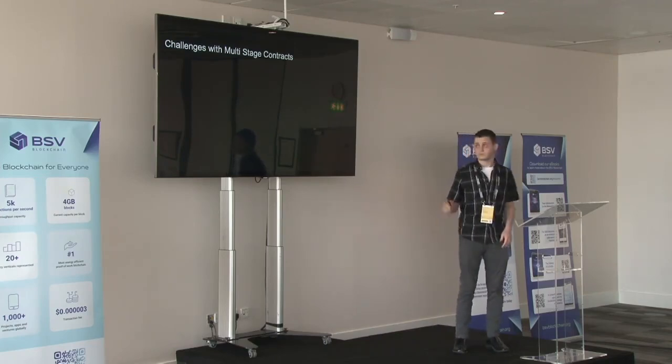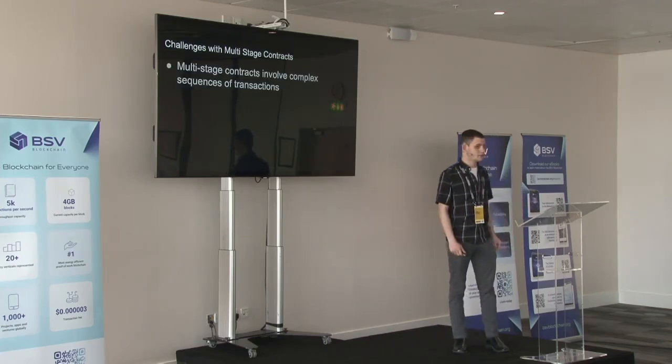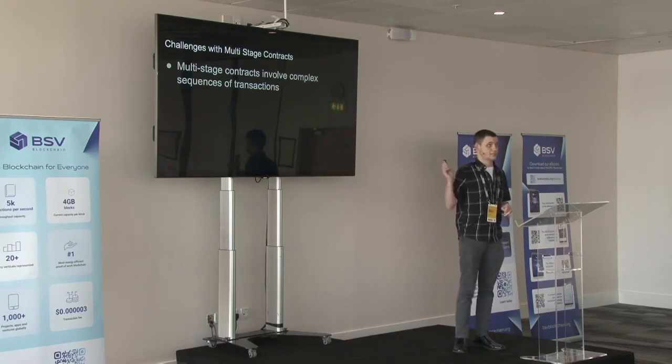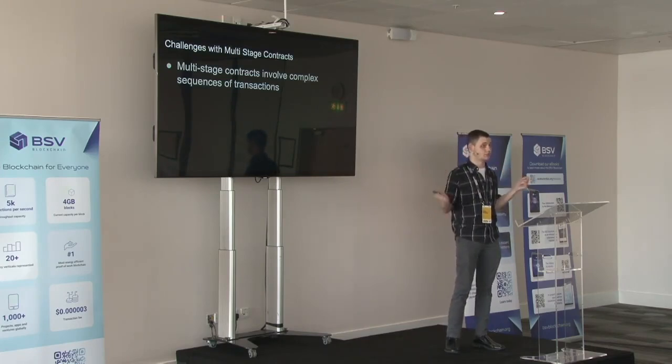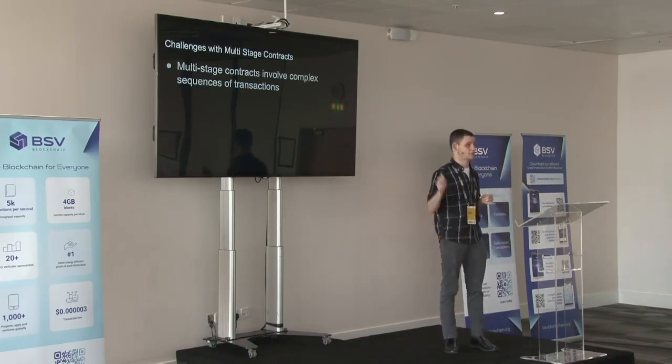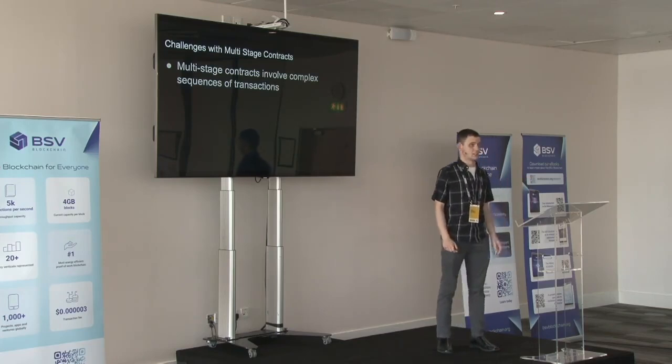Because if, say, Alice creates a smart contract that has an output, and then Bob wants to describe the solution that unlocks that smart contract across multiple spends, it's a problem.